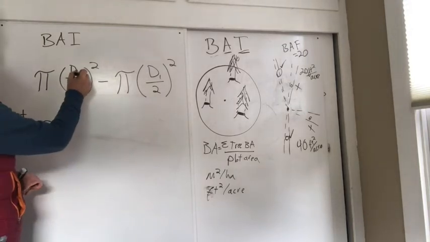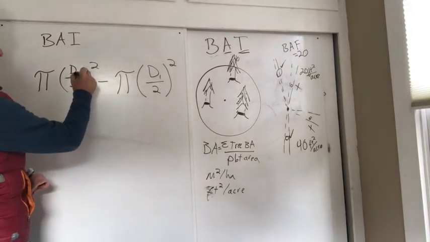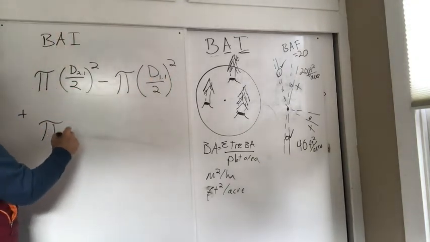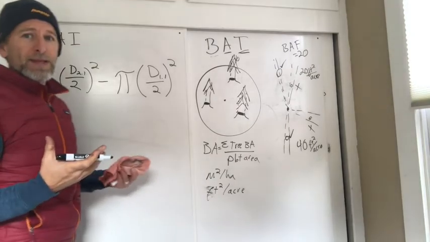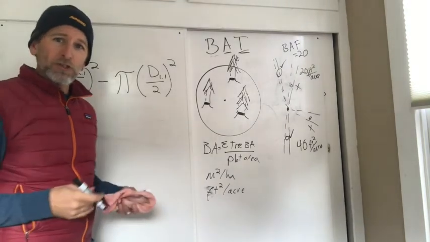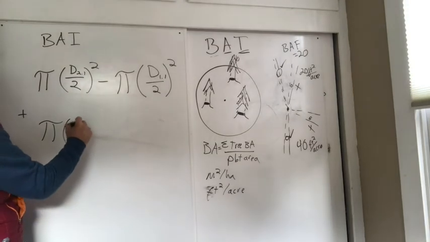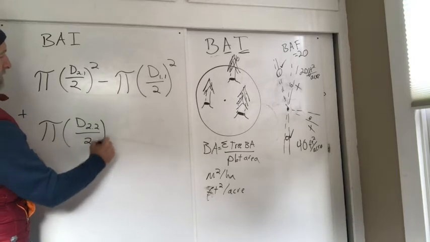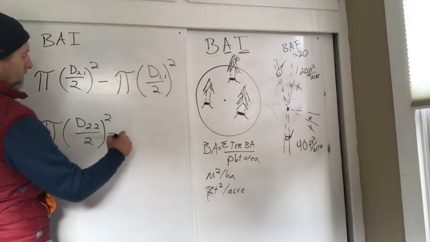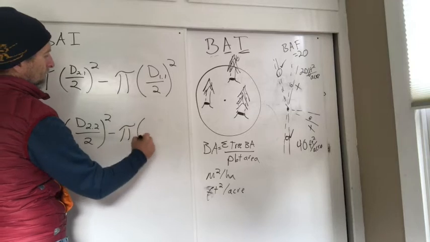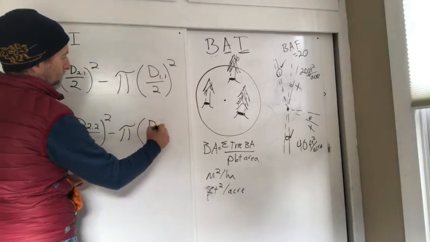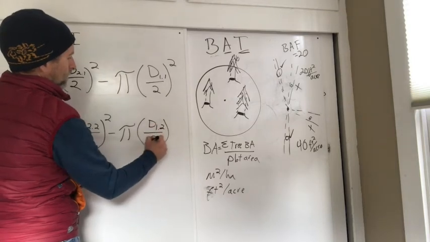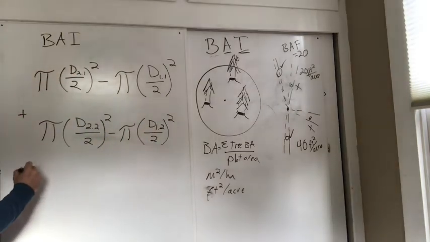So if this is not just D2, this is D2 for tree 1, this is D1 for tree 1, then we could write this out in longhand, and I don't recommend that you do this longhand, but it might help to explain it this way. For our second tree, and then plus a third tree.